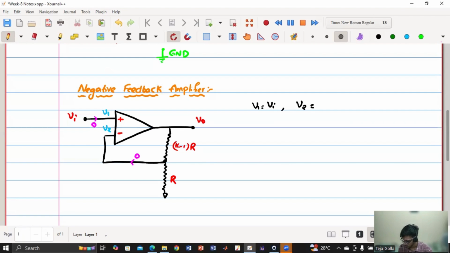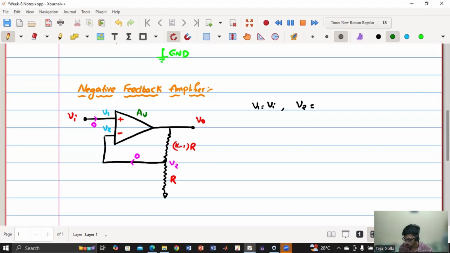Okay. So now, can you tell me what is V2? V2 is from a resistor divider circuit. This terminal is V2. Can you tell me what V2 is in terms of V naught? This is a simple resistor divider circuit.